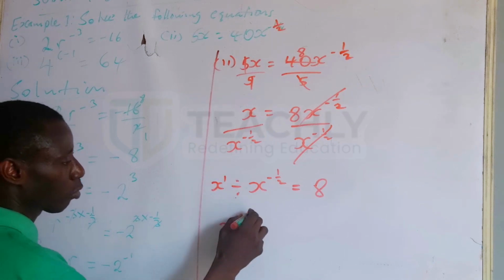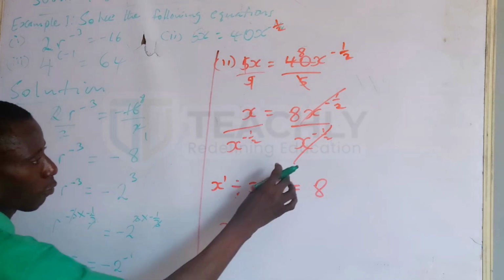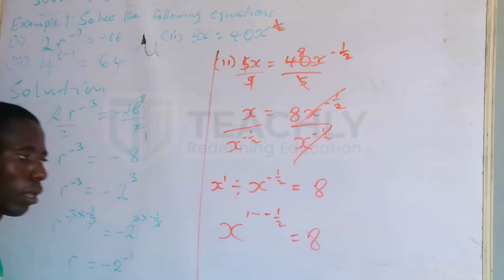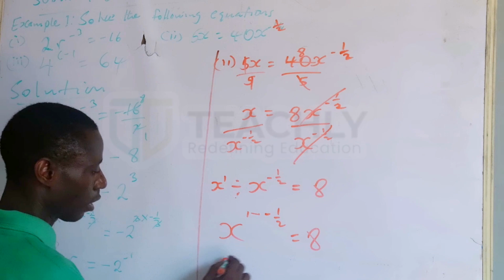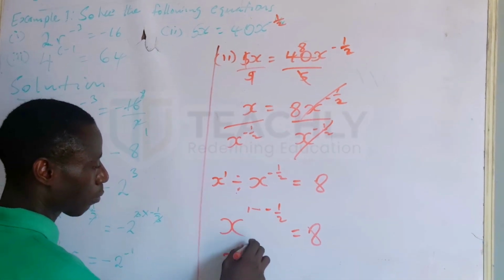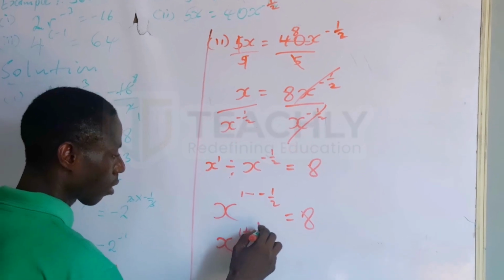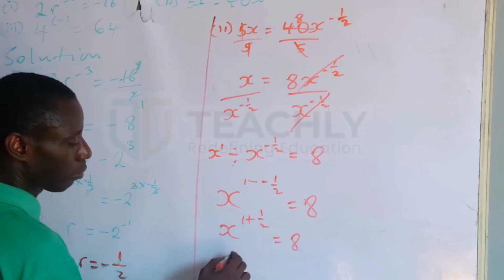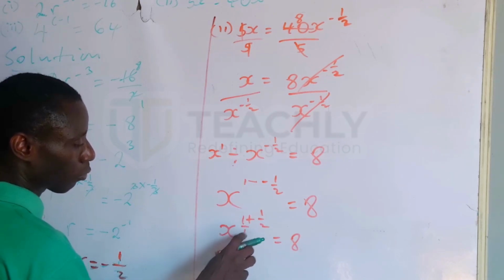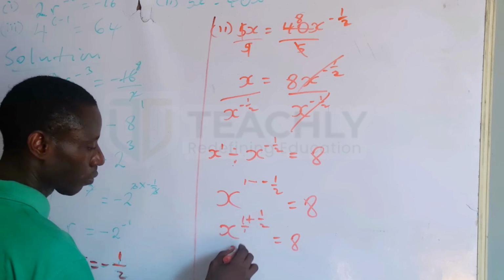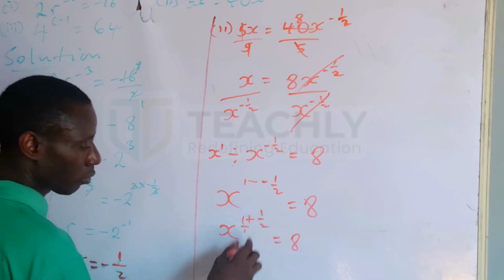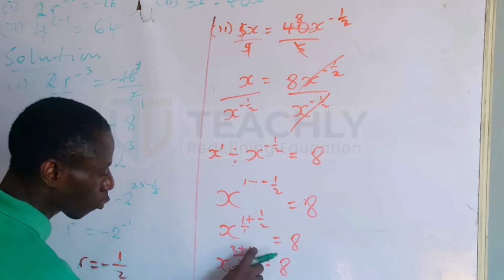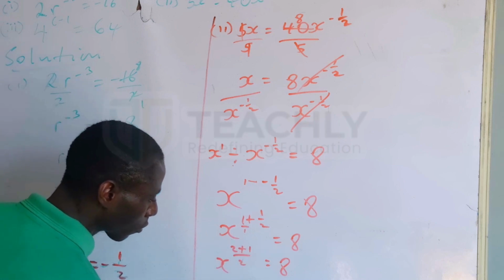If you have division, you have to multiply and subtract the powers. And the power here is minus 1 over 2, equals 8. So here we now have x^(1 - (-1/2)), which turns to 1 + 1/2, equals 8. Our LCM here is 2. 1 is over 1 like this. 1 in 2, 2 times 1 is 2. 2 in 2 we have 1, 1 times 1 is 1. So here we have x^(3/2) = 8.